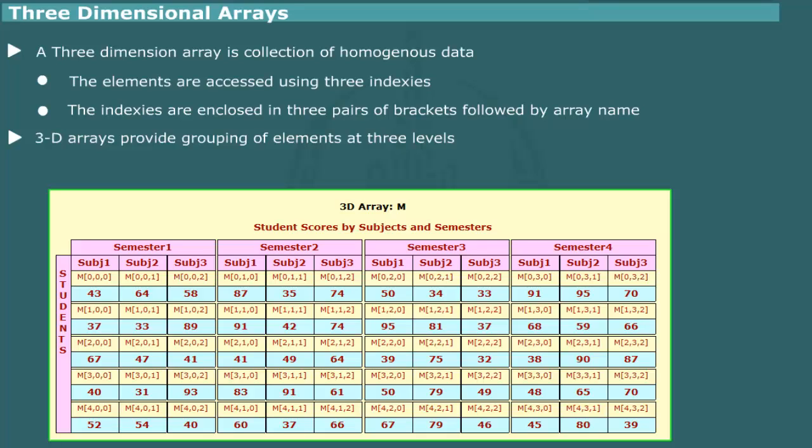The array M of test scores consists of 4 rows, 3 columns, and 4 planes, which refer to student number, subject, and semester. For example, M[0][2][3] represents the score of the first student in the third subject in the fourth semester.